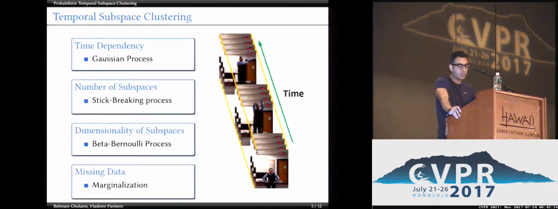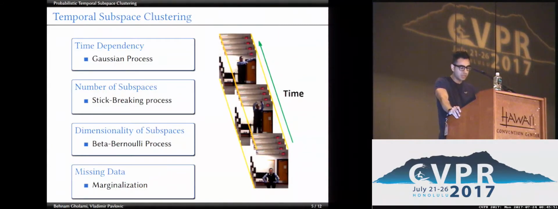In this work, we utilize three non-parametric statistical models, namely the Gaussian process, the Dirichlet multinomial stick-breaking process, and the Beta-Bernoulli process, and propose a unified probabilistic model for subspace clustering of time series data.